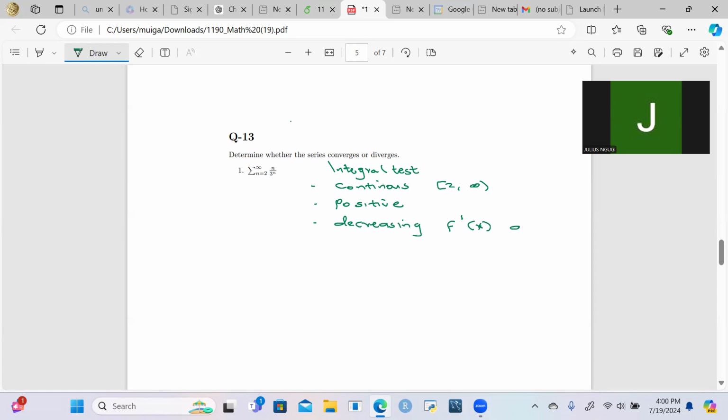So this function will be a decreasing function, decreases in that interval from 2 to infinity. The check is you find the derivative of that function. For the derivative, you can use the quotient rule. Let's, for example, call this f of x equals x multiplied by 3 to the power of minus x.